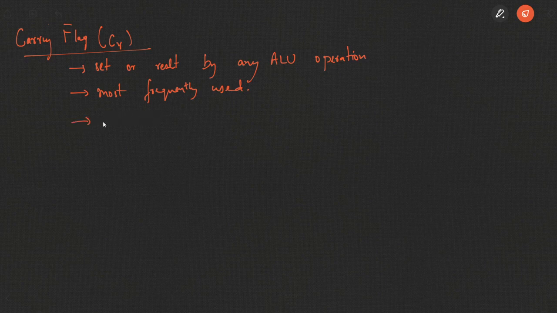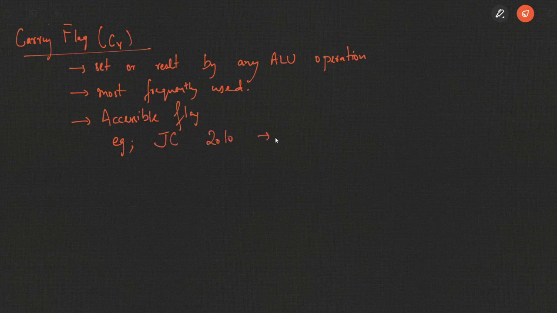It's an accessible flag. That means we can both read and write it. We can read the status of this flag as well as modify the status of this flag from outside. For example, we may have an instruction like JC 2010.